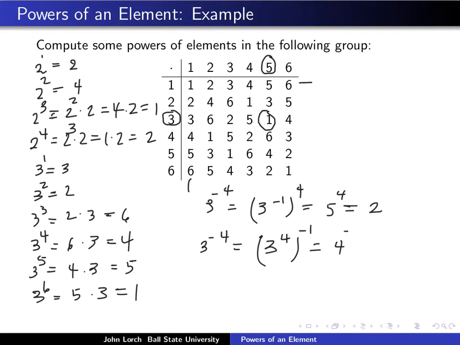So I'm taking 4 to the minus 1 power. Now 4 to the minus 1, that's just the inverse of 4 in this group. So I go to 4 as a row header, I read across until I see 1, which is my identity. I look up and I find 2 as being the inverse. So lo and behold, we achieve 2 just as we should have.